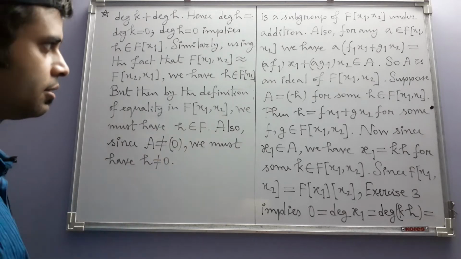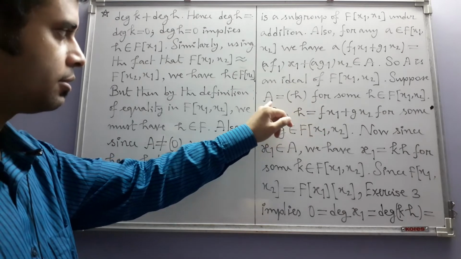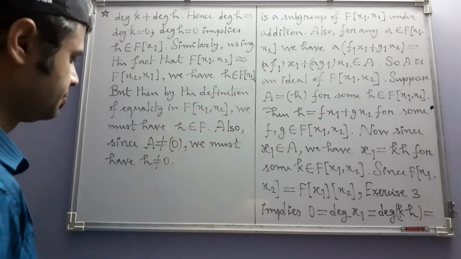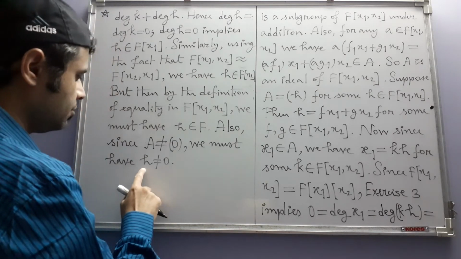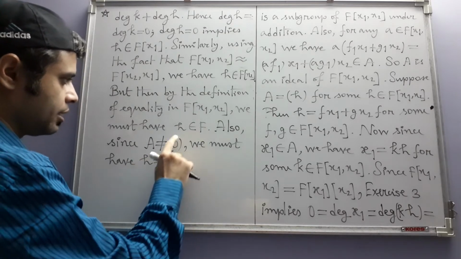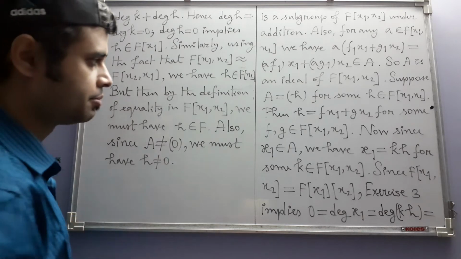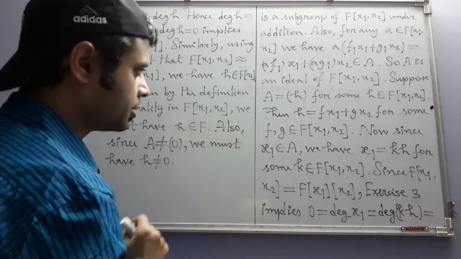It's because A is being generated by h. If h is 0, then A must be equal to the 0 ideal, which is not true. Okay, so now we have the information that h is actually a non-zero field element. Now we are going to use this equation.